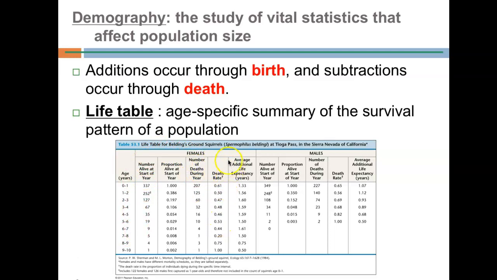And so the most important thing to look at on this life table is the death rate, the death rate over the lifespan of the squirrel population. And what you will notice about squirrels is that the death rate actually stays pretty consistent over time. The other thing you will notice is that females tend to have a longer lifespan than males, which makes sense because males are more out there putting themselves in danger.